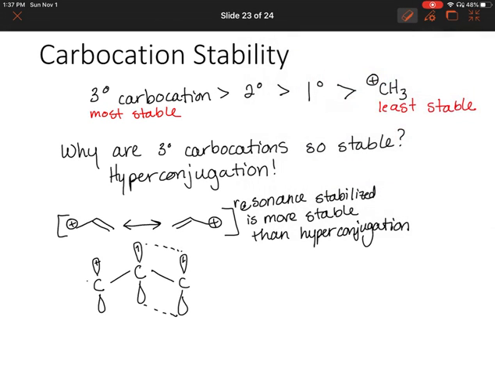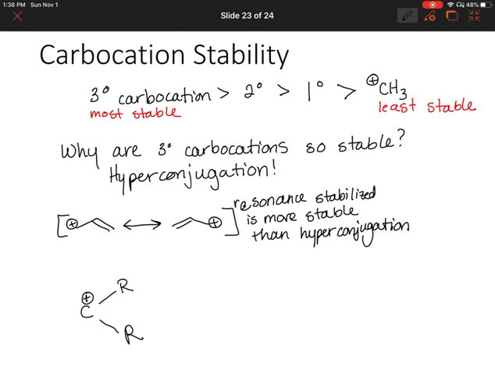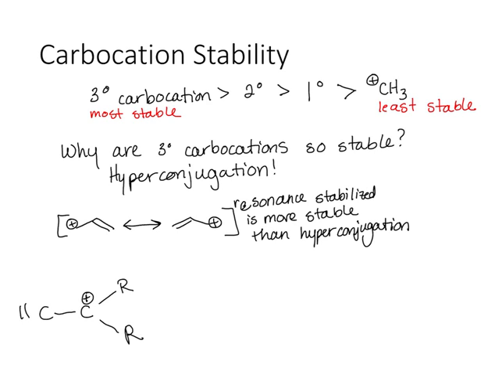Now with hyperconjugation, it's a similar idea, but not quite as stable. So if we have a positive charge on a tertiary carbon, let's just make up some R groups off to the side, and then let's say this positive carbon is bonded to a methyl group off to the left. If we draw a more detailed picture here, we know that the carbon in the methyl group is sp3 hybridized, and it's bonded to 3 hydrogens.